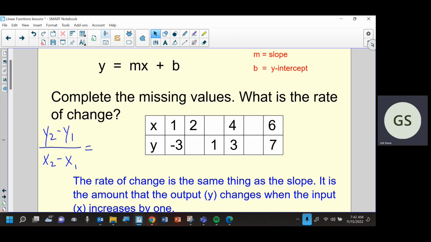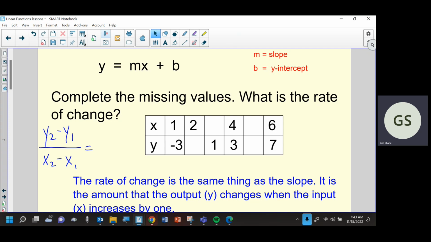All right, so I could fill in the table. I could make the table go up by 1 for the x values, and then whatever the pattern is in the outputs, that's the rate of change. But here's potentially an easier way for some of you. If I just take any 2 columns, it does not matter which 2 columns. If it was a vertical table, it would be rows.